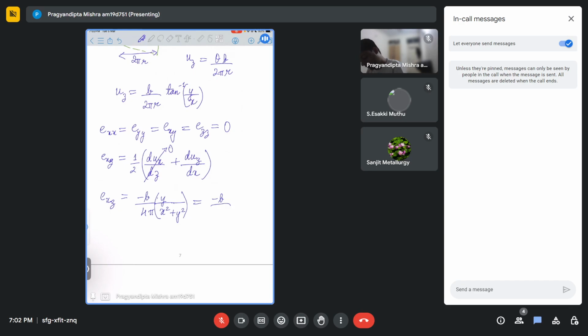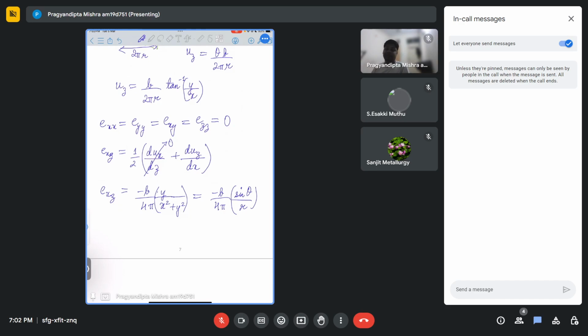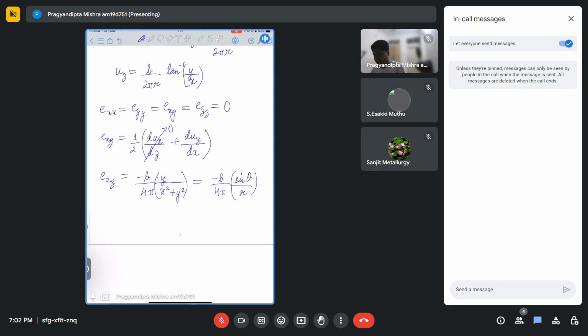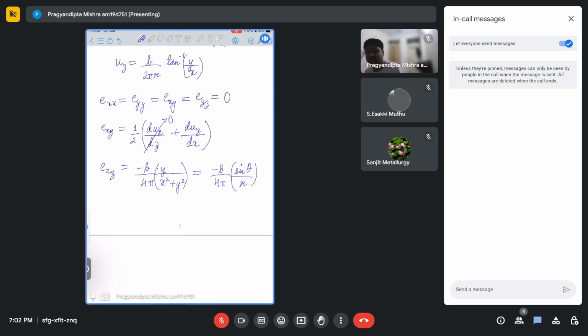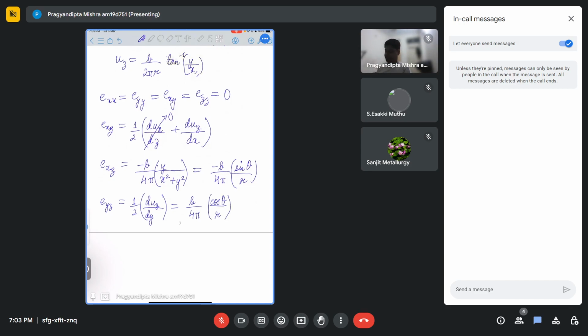So you'll get minus b by 4 pi sine theta by r. This is my strain along the xz direction. Now the strain along the yz direction, similarly, by differentiating uz with respect to y, I can write as b by 4 pi cos theta by r.